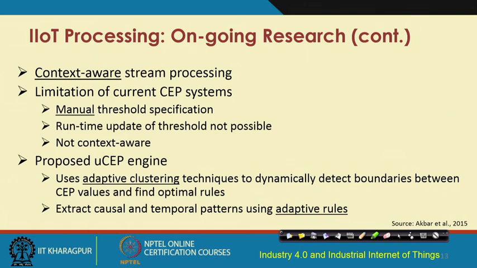So, Akbar et al. proposed a context aware engine which they have named the micro CEP engine, which uses adaptive clustering techniques to dynamically detect the boundaries between the CEP values and find optimal rules. They do that with the help of different rules which are adaptive in nature and which are able to extract the causal and contextual relationships between these different data.